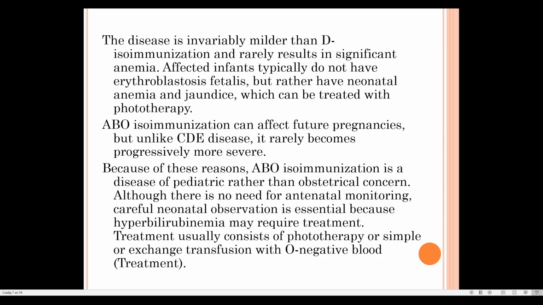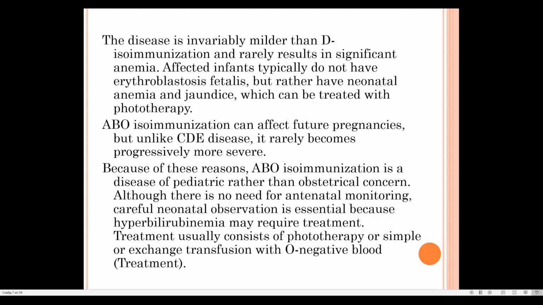The disease is invariably milder than Rh isoimmunization and rarely results in significant anemia. Affected infants typically don't have erythroblastosis fetalis, but rather have neonatal anemia and jaundice, which can be treated with phototherapy. ABO isoimmunization can affect future pregnancies, but unlike CDE disease, it rarely becomes progressively more severe.